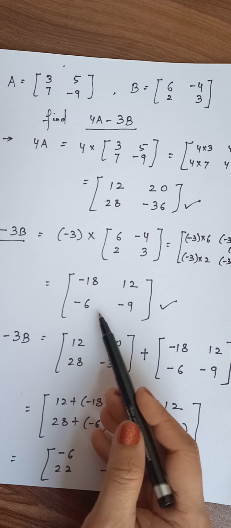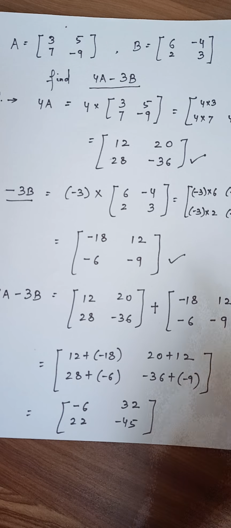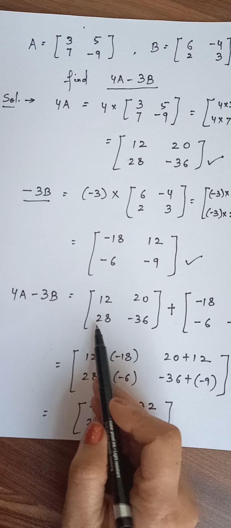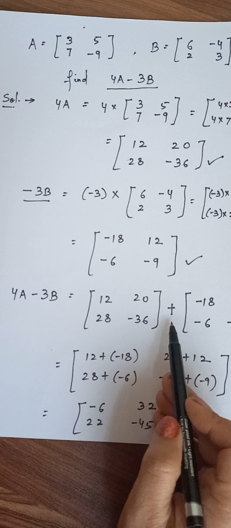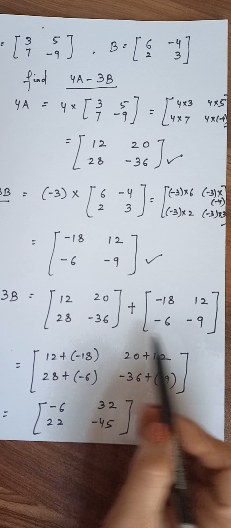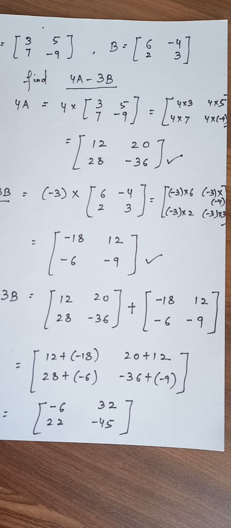Then you put the values of 4A and the values of minus 3B and add them together, performing the matrix addition.